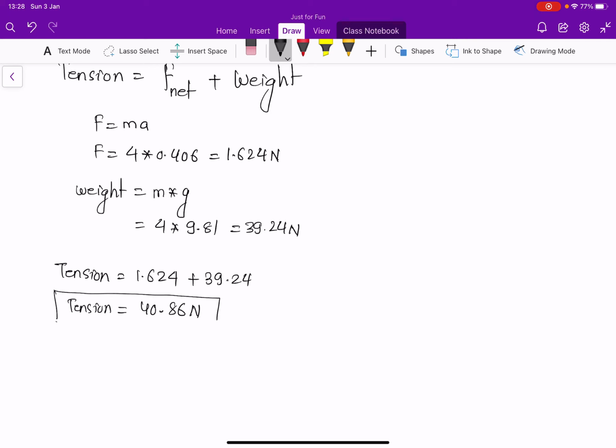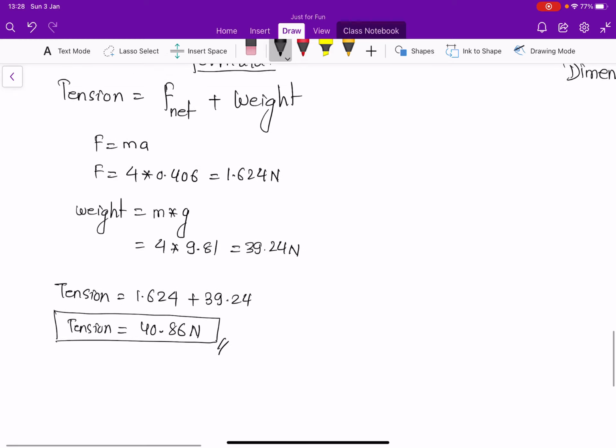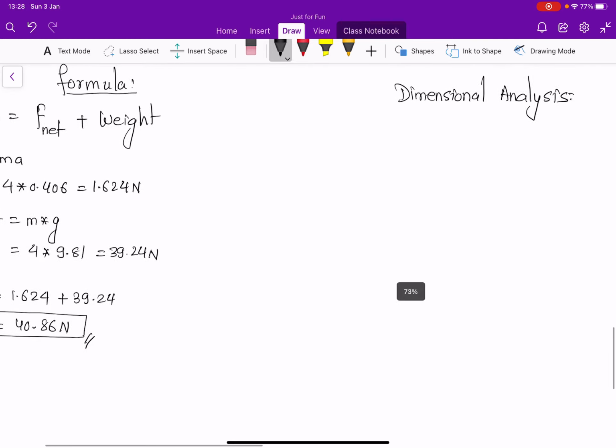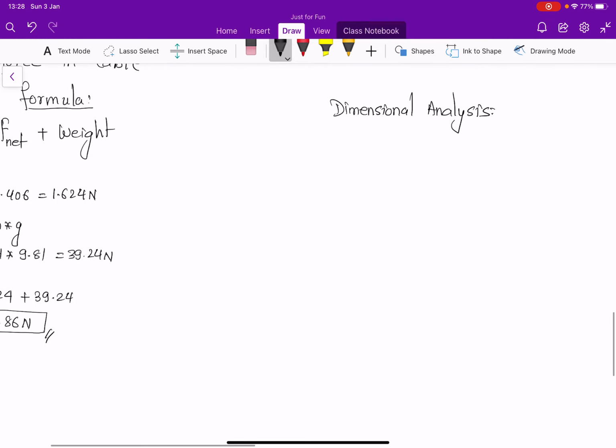Right, this is from formula. And what about dimension analysis? Right, first thing we need to find the dimension for the force. So we have the relationship. Okay, let's use that relationship.